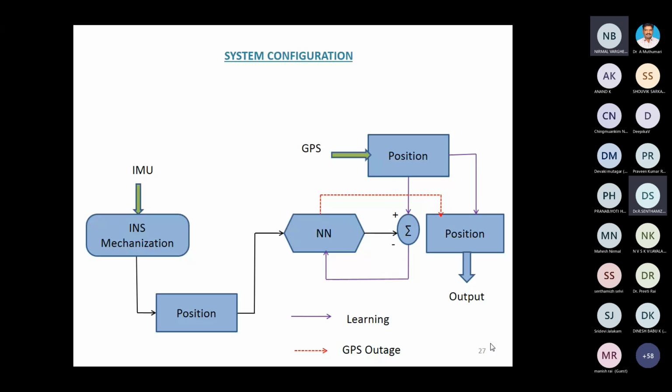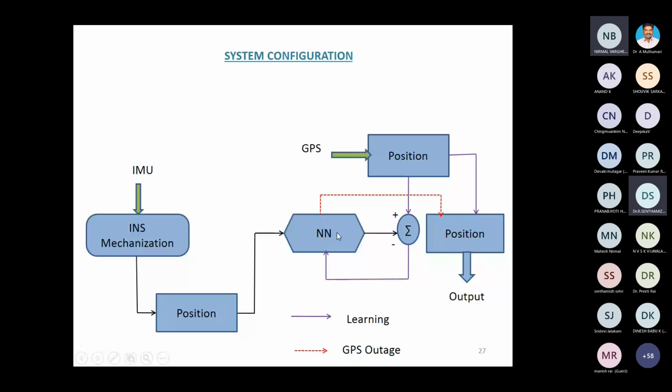Understand? Right. Now you will see the overall system configuration. This is the recurrent type Jordan neural network with the genetic algorithm based architecture. It is available here. I'm just showing the neural network block.